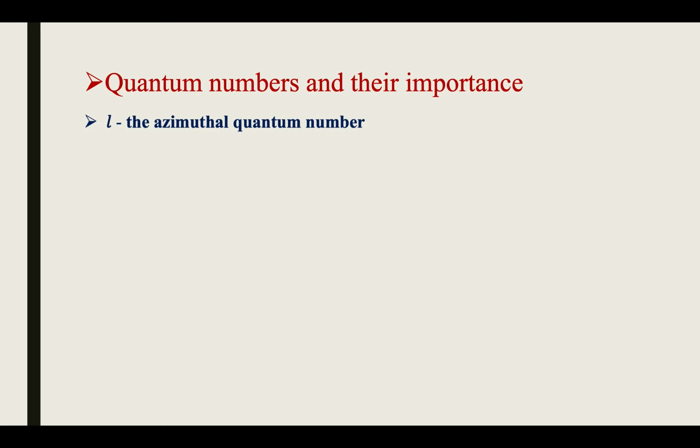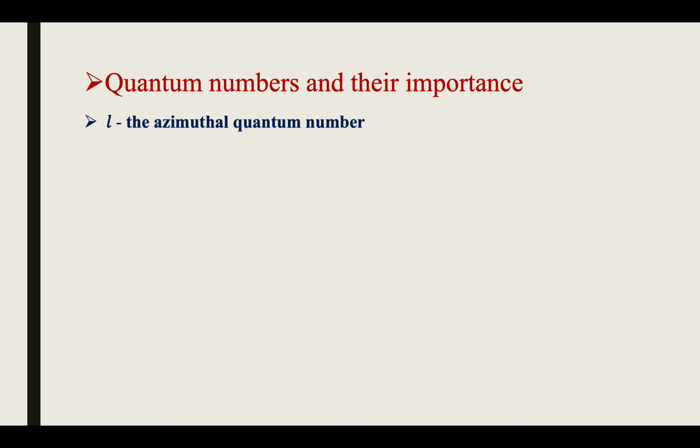Now we are going to see the second quantum number, that is l, the azimuthal quantum number. This quantum number accounts for the appearance of a group of closely spaced lines in the hydrogen spectra.